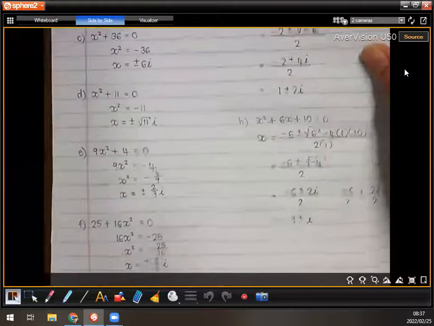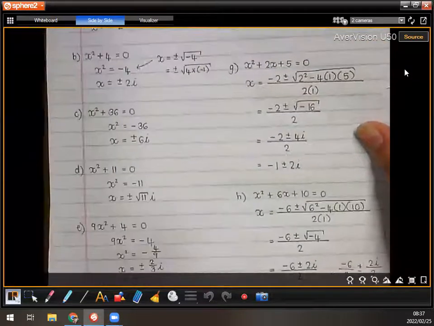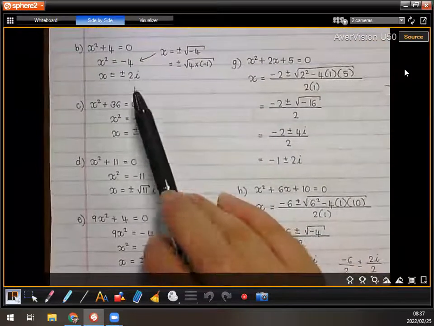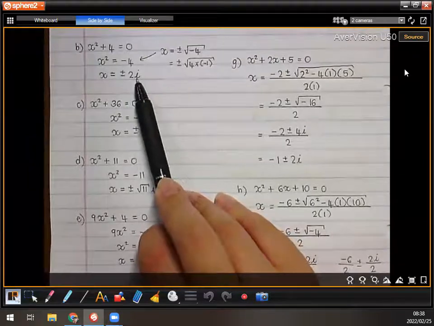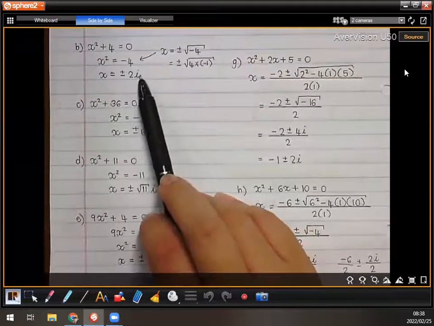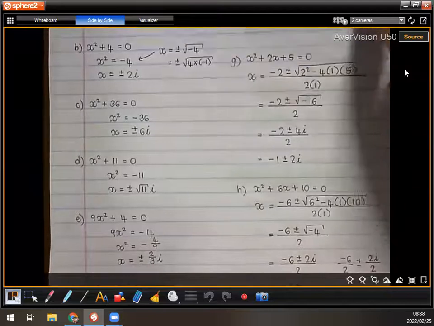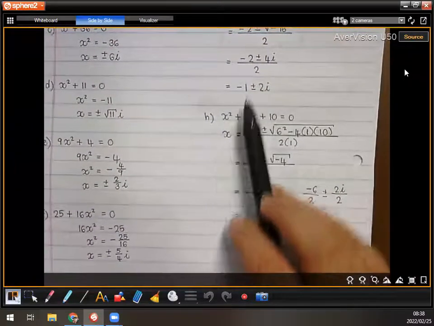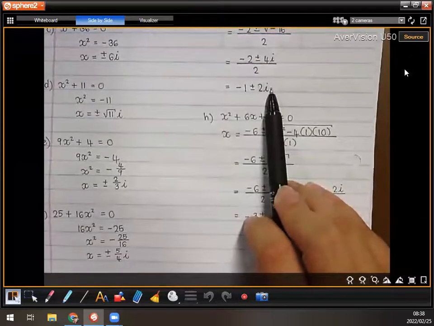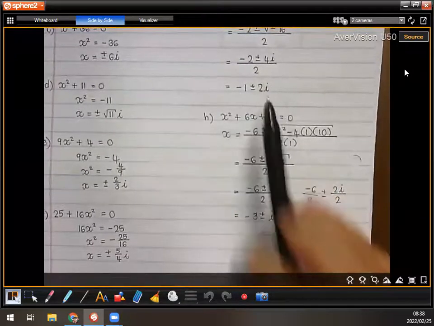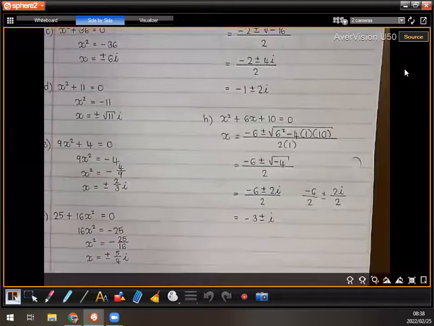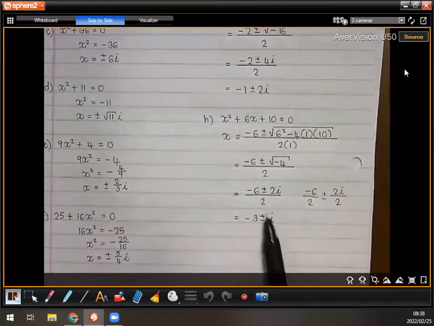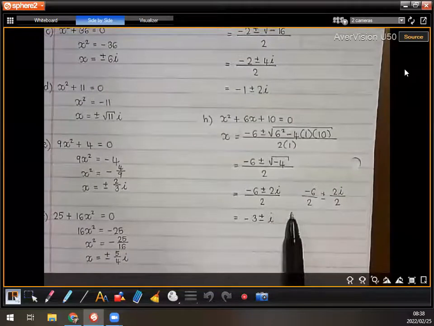In these questions, you see that we're getting the same answer each time, but one is positive and the other is negative, for these one-term answers. But what happens with the answers that have multiple terms? It's -1 plus 2i, and then -1 minus 2i. So the same terms, but one is positive, the other is negative, with the sign in between them. Same thing here, -3 plus i, and -3 minus i.